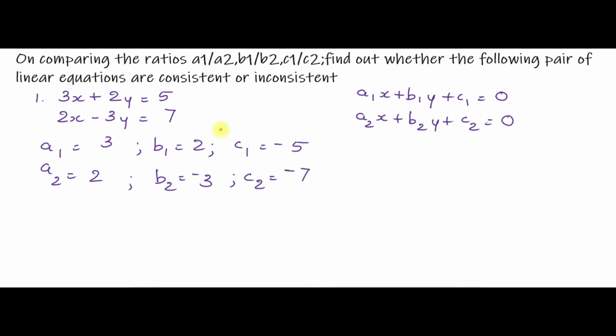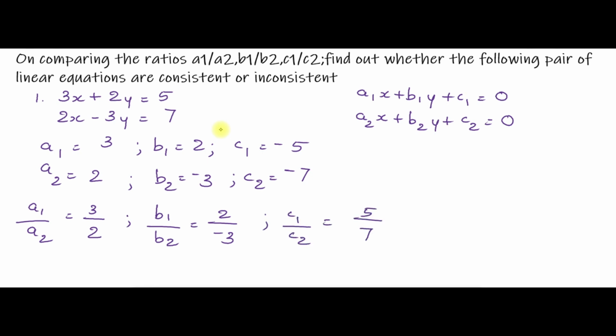Comparing with the general equation, then A1 by A2 is equal to 3 by 2, B1 by B2 is equal to 2 by minus 3 and C1 by C2 is equal to 5 by 7, cancelling negative sign. So, here you got the result as A1 by A2 not equal to B1 by B2.